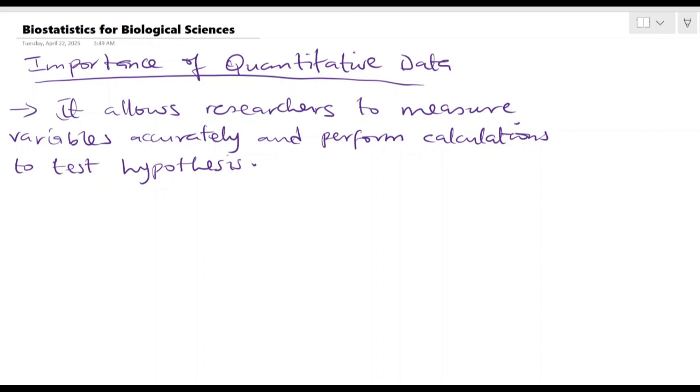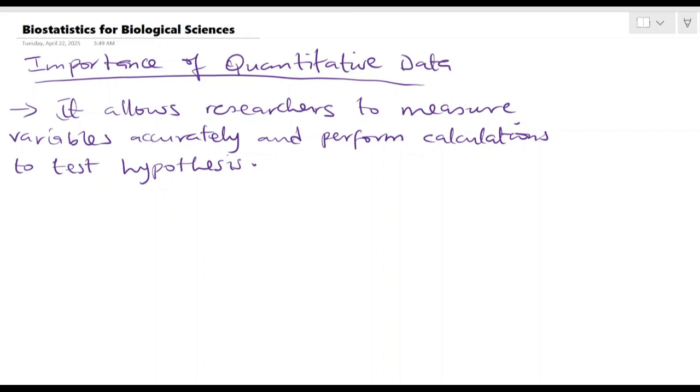They are used for variables where only specific values make sense. Examples of discrete data like we saw: number of petals on a flower is another example. Number of cells observed under a microscope is another example. Each cell in a microscope cannot be split into fractions. Then we have number of species in a survey. That's for discrete data as we can see.